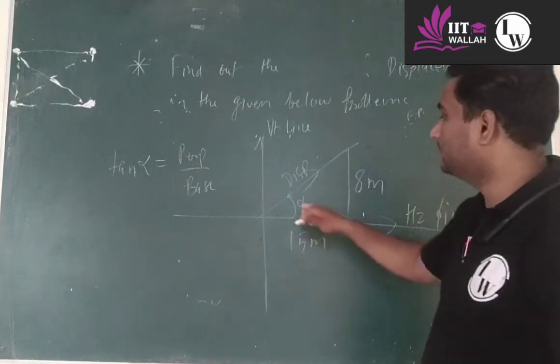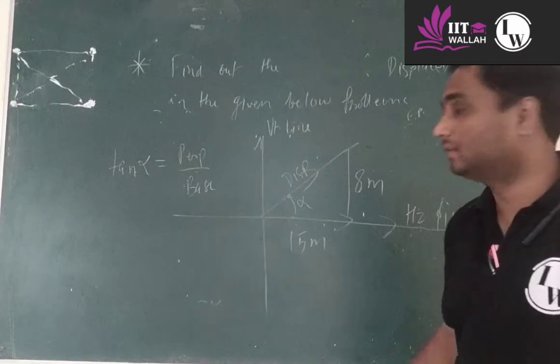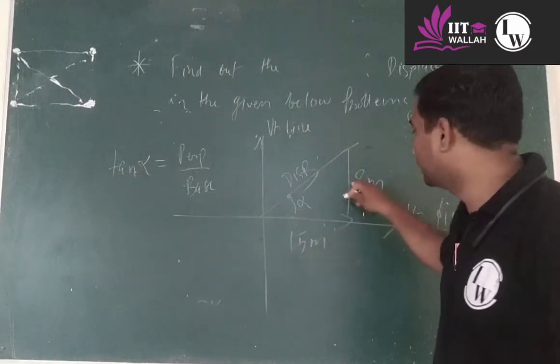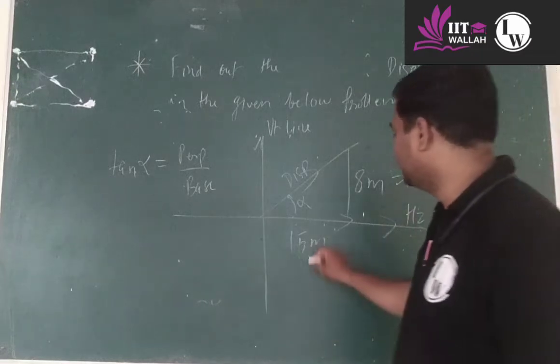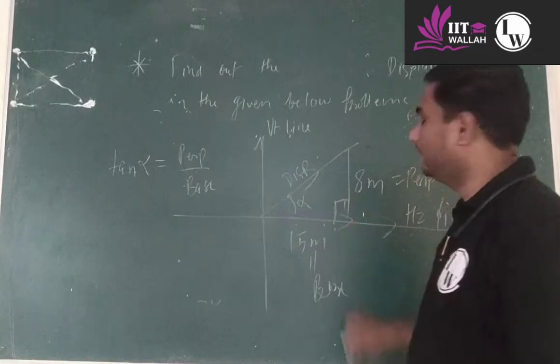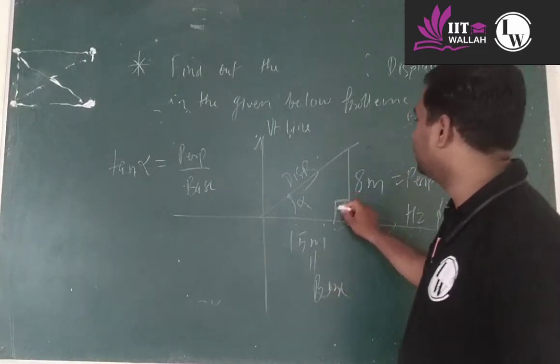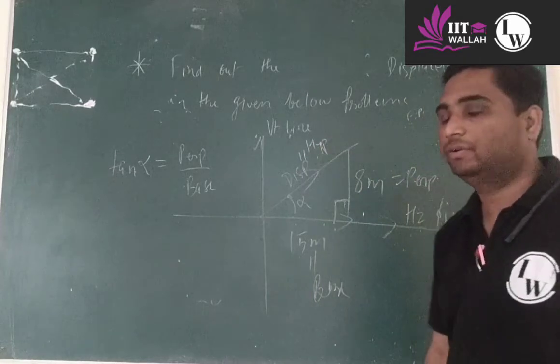Perpendicular is in front of the angle. This is the perpendicular, and this is the base, and in front of the 90 degree is called hypotenuse.